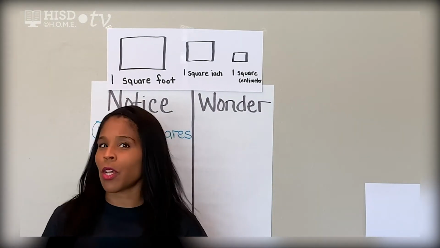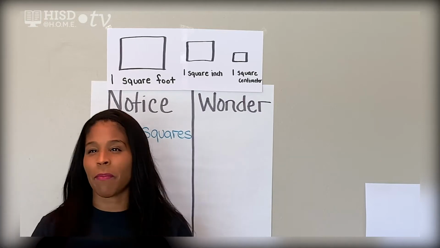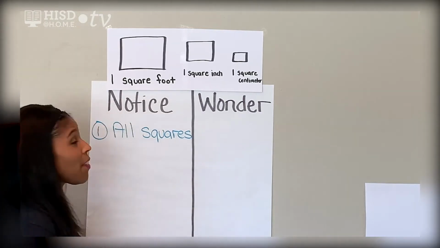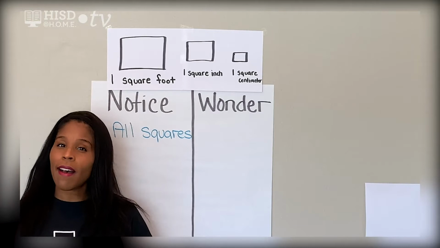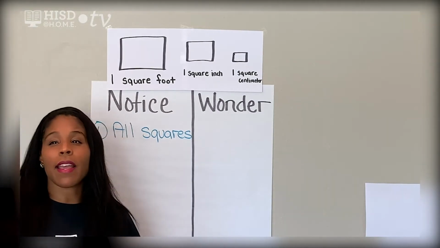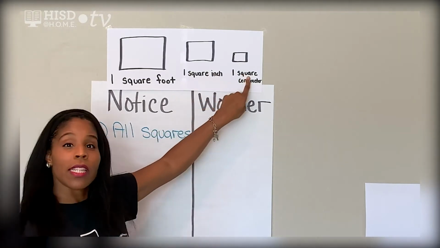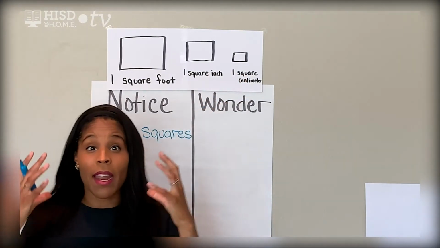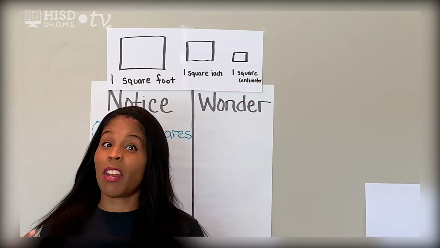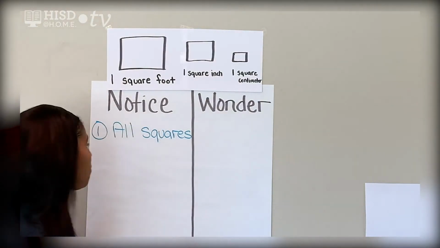There's some other things that I noticed too. Let's see if we all notice the same thing. I noticed that there's a difference. I see a difference that this inch here is larger than centimeters. So I know in my mind that inch is bigger than centimeters. I'm going to write that down. I noticed that.